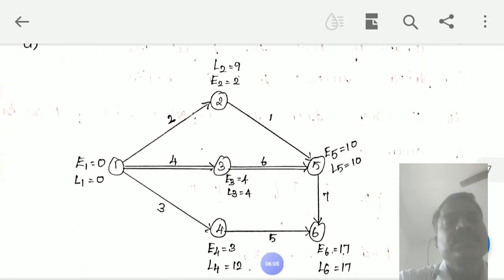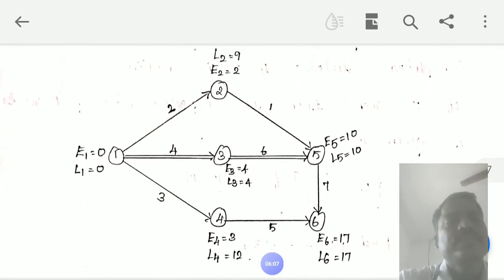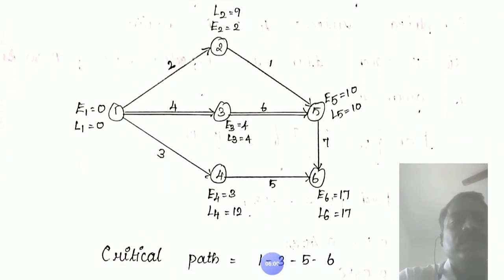Now we construct the network diagram. First, activity 1 to 2, 1 to 3, 1 to 4. The duration of activity 1 to 2 is 2, 1 to 3 is 4 and 1 to 4 is 3. Activities 1 to 2, 1 to 3 and 1 to 4 are starting activities.